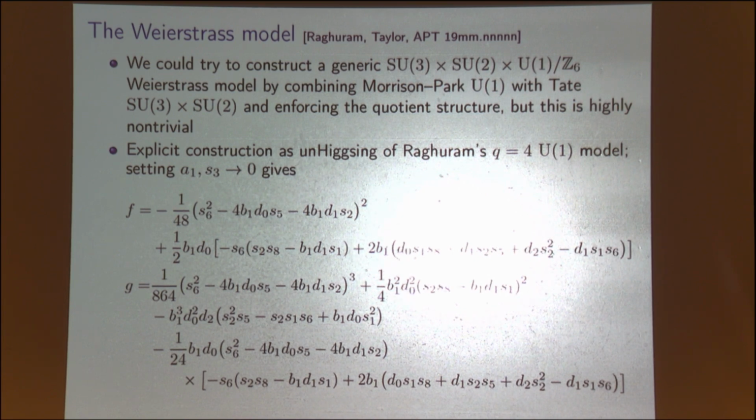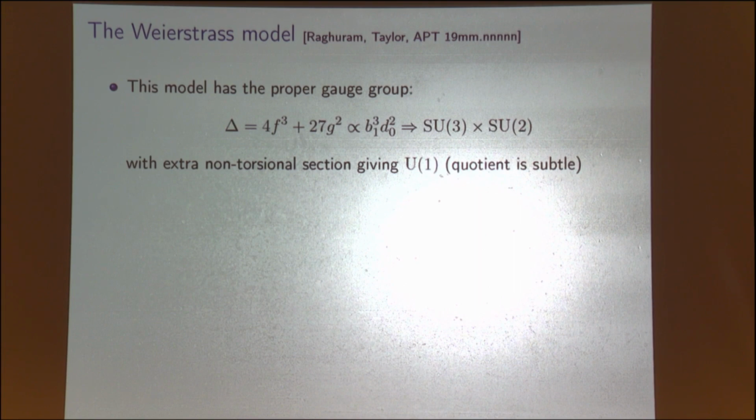So now we want to ask about the features of this Weierstrass model and see if it's the Weierstrass model that we want. First, we can confirm that it does have the proper gauge group. You can find the loci where your fiber becomes singular by looking at what is called the discriminant. It's this combination of F and G, and wherever this vanishes, you have singular fiber.